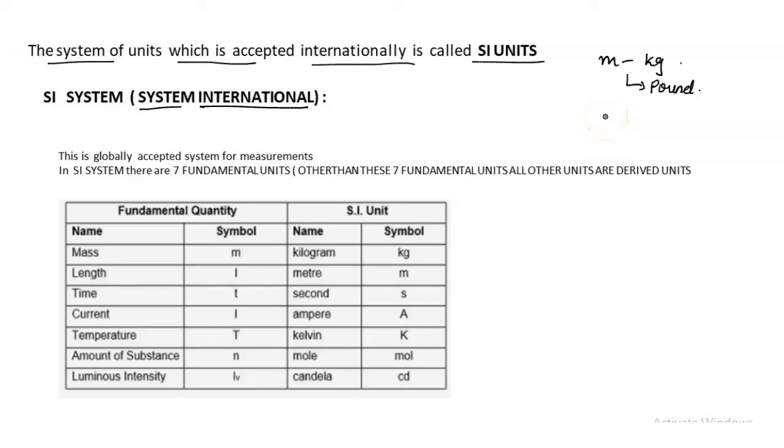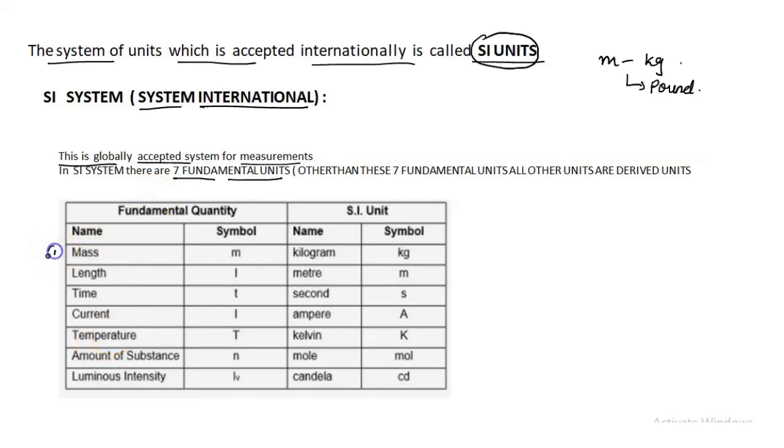So that everyone in the world can understand the quantity regardless of the place they are in, the unit must be the same all over the world. So System International comes into picture. In SI system there are 7 fundamental units. Other than these 7 fundamental units, all others are derived units.